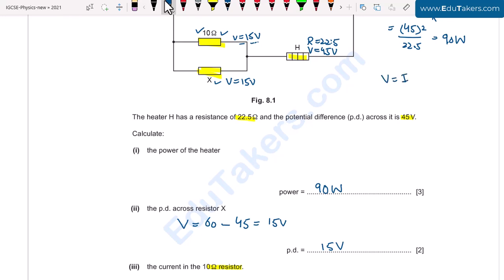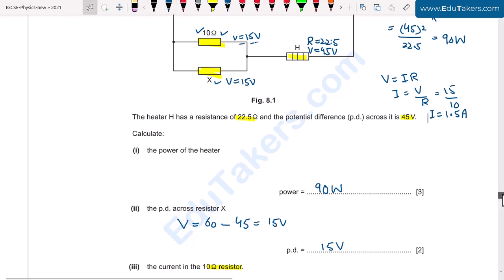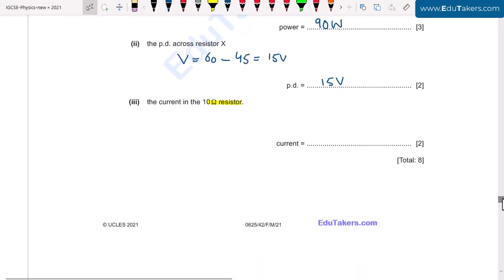V is equal to IR and I is equal to V over R. V is 15 volt and the resistance is 10 ohms and the value of current will be 1.5 amperes. That is passing through the 10 ohm resistance. So I write here the current will be equal to 1.5 amperes.